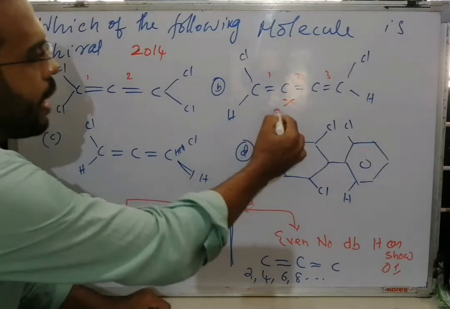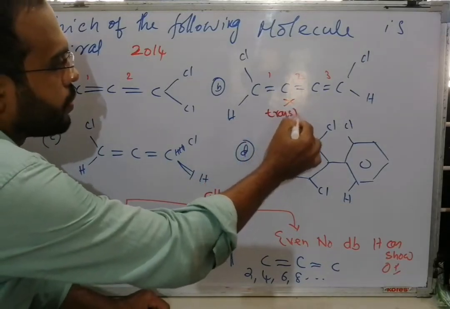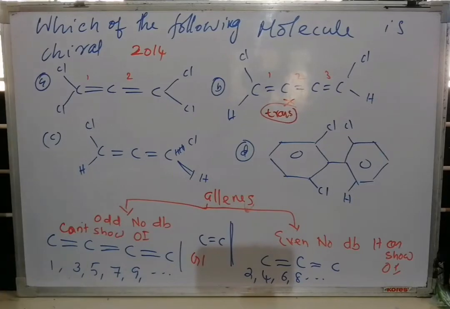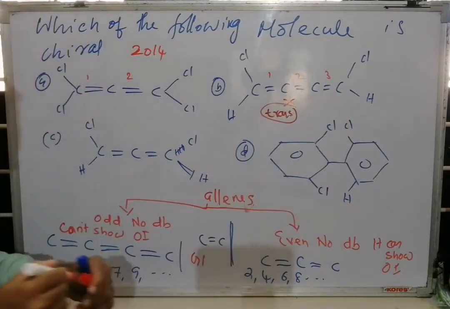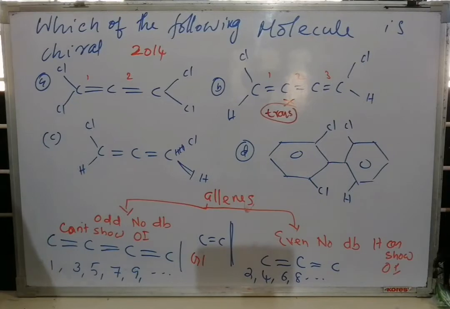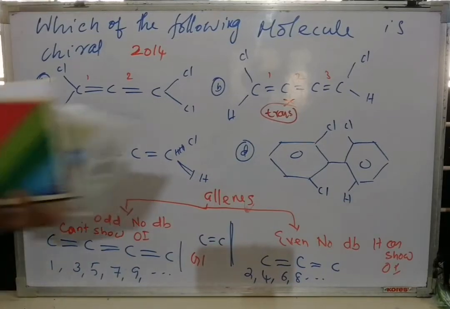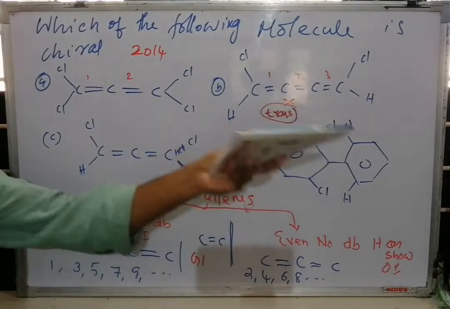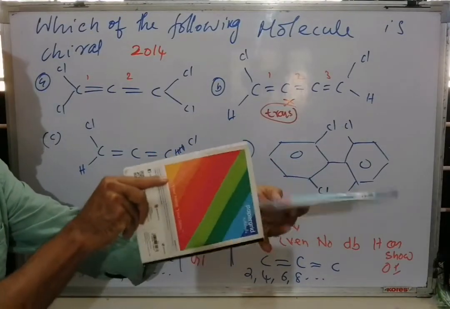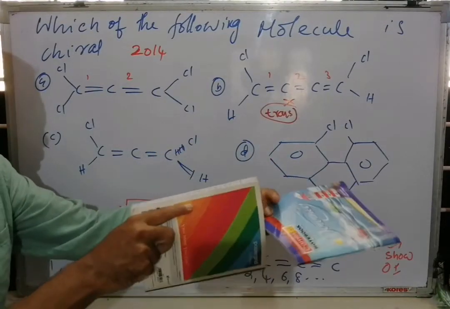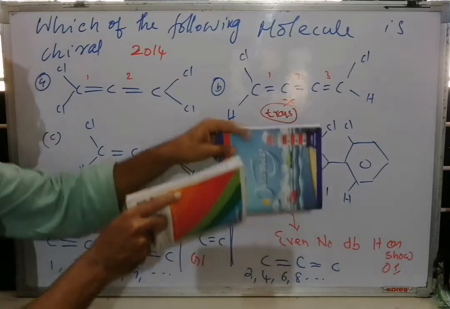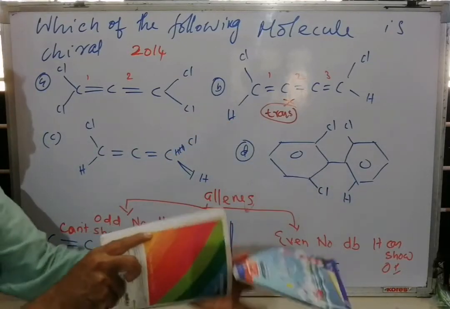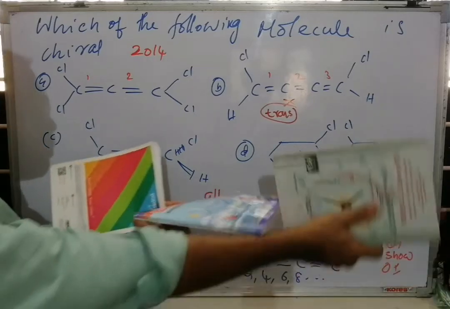You know, this is trans. This is why, when there is an odd number of double bonds, this is the condition. Suppose you have one double bond, the second double bond will be here, and the third will be here.